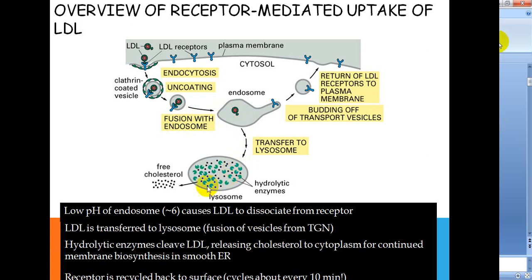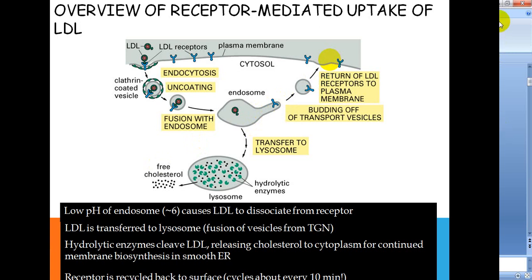After the action of the hydrolytic enzymes at the lysosome, free cholesterol is produced, and the LDL receptors now move back to the plasma membrane for the next round of action.